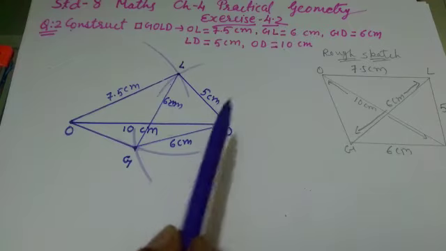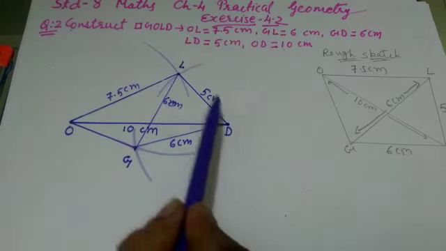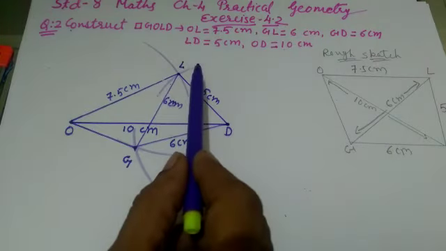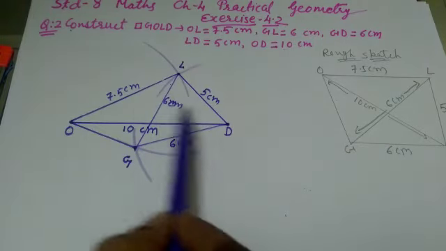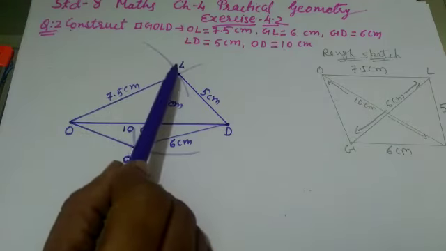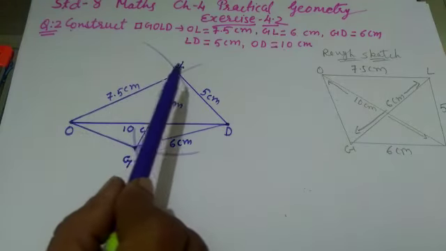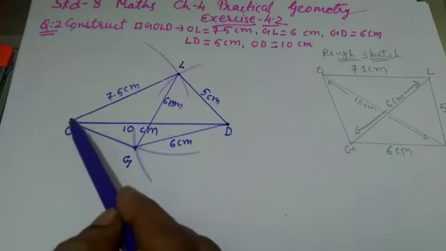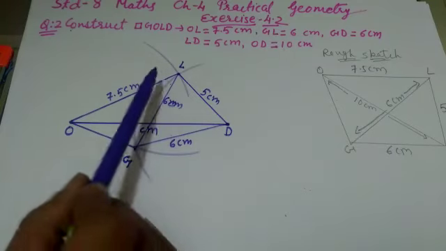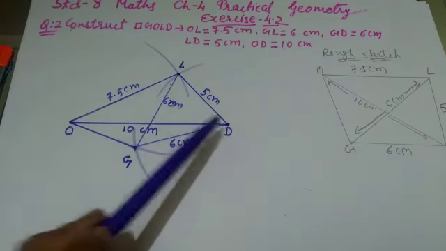Step 3, taking D as a center with radius 5 centimeter, draw another arc upward of line segment OD which intersects the previous arc at point L. Step 4, join point O and point L and join point L and point D.